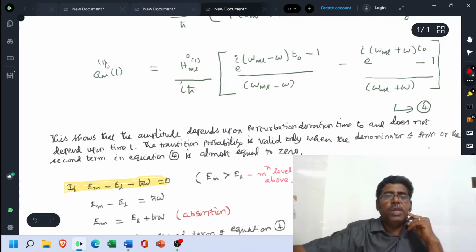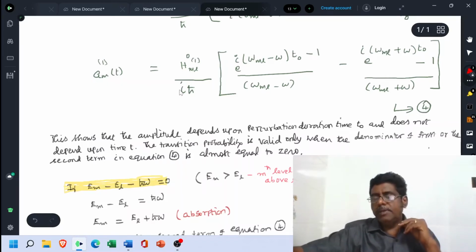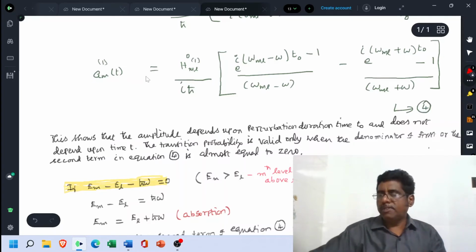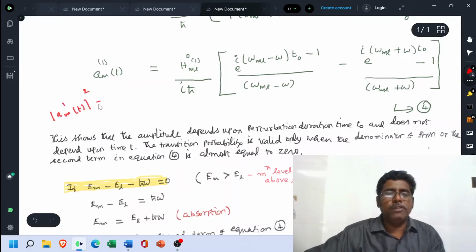The value of am1 of t, that is the amplitude, depends upon t0, not t. t0 is our perturbation time. The transition probability to the mth state is valid, and is given by the formula absolute square of am1 of t, obtained by multiplying am1 of t into am1 star of t.